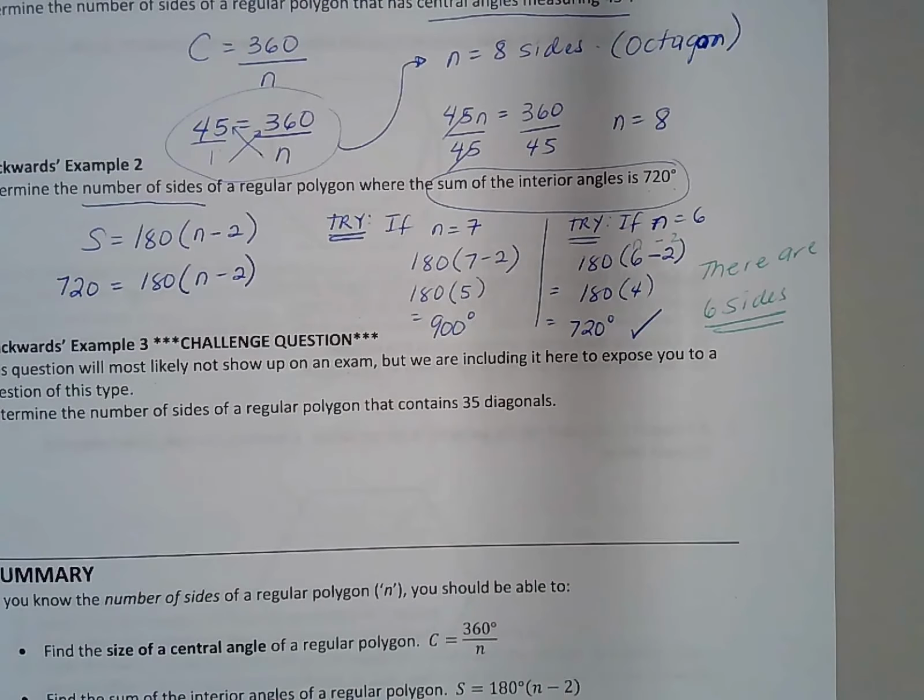That's one way. Trial and error is one way. Let's do a different one. I'll show you a strategy on how to solve that algebraically.